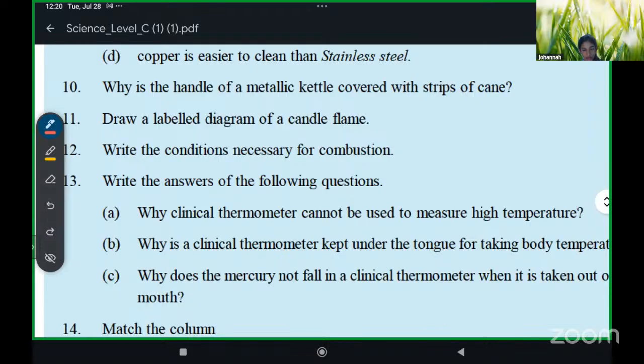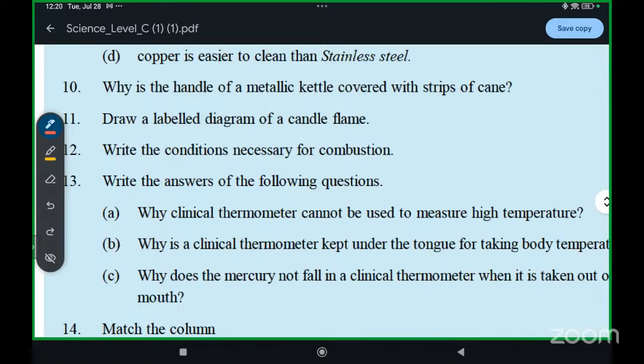Are you asking how does fire happen? Yeah. Fire happens. Yes, that's right. That's what I'm asking. Can you tell one thing? Any one thing that you remember?